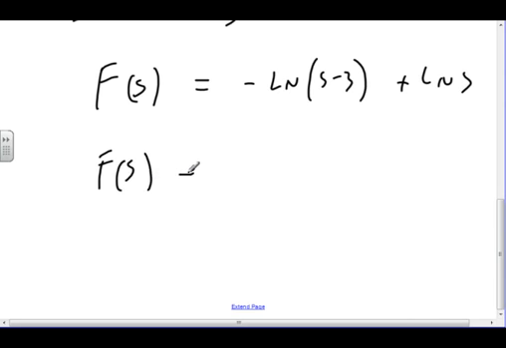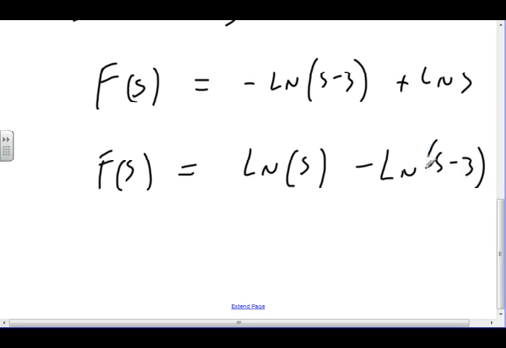Final answer. f of s equals natural log s minus natural log of s minus 3. Yeah, that'd be right. All right.